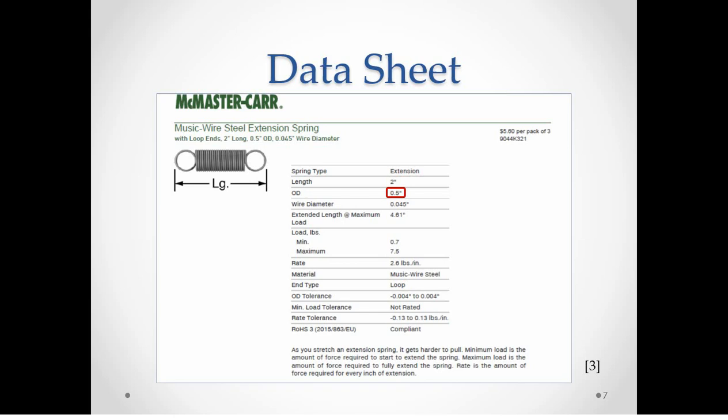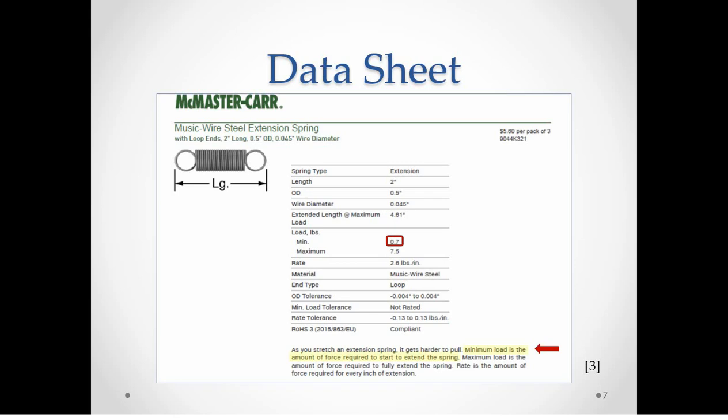The outer diameter, or OD, of the coil of wire is 0.5 inch. The diameter of the wire is 0.045 inches. These three numbers define the spring as you see in the text just above the image of the spring. The extended length of the spring at the maximum load is 4.61 inches.